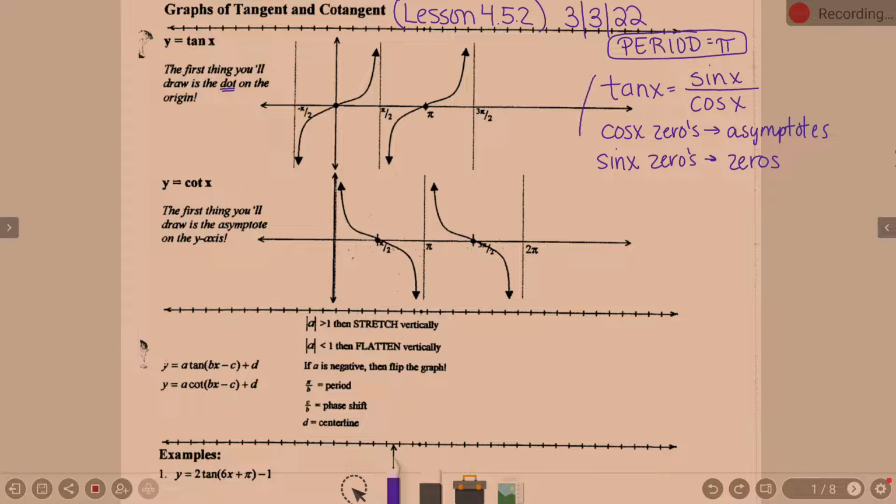This is just some information to help along the way. Again, you can memorize how we do these graphs. You don't necessarily have to know this information, but I think it's helpful. The numerator of tangent is sine, so where sine has a 0, tangent has a 0. The denominator of tangent is cosine. Denominators cannot equal 0, so any place cosine has a 0, tangent will have an asymptote.